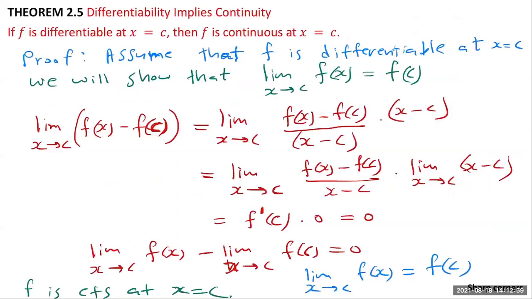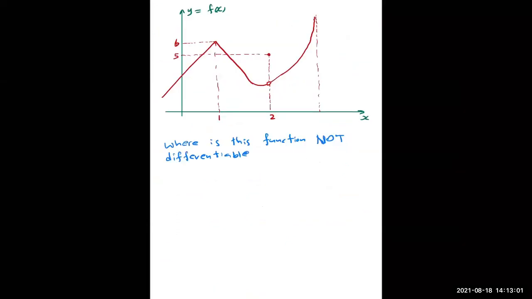With that in mind, let's answer the question here. Where is this function not differentiable in the given interval? What are the points where this function would not be differentiable? Clearly, at x equal to 1, it is not differentiable because you have a sharp corner. If it is differentiable, it has to be smooth.